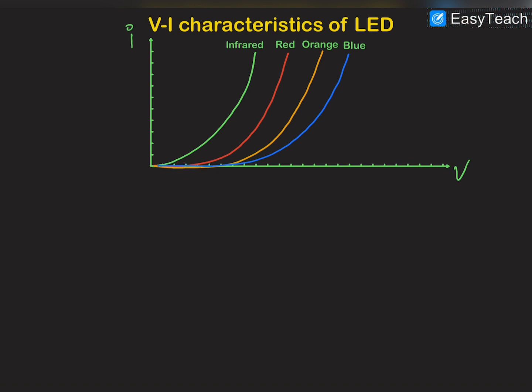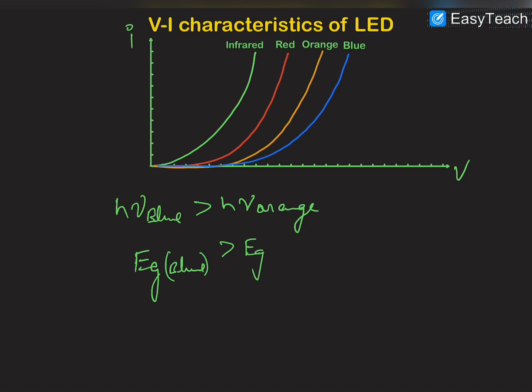This is due to the fact that the energy h nu for blue will be greater than h nu for orange. We are comparing orange and blue. This is orange. And this is because the forbidden energy gap for the material emitting blue light will be greater than the forbidden energy gap for the material emitting orange light.